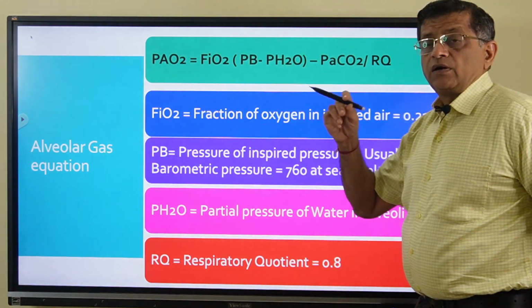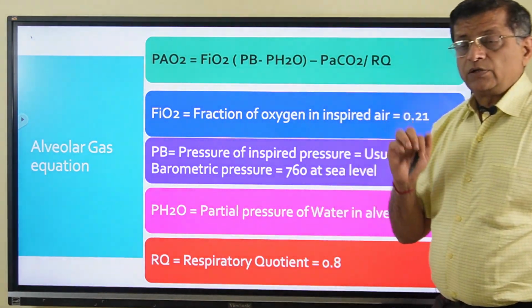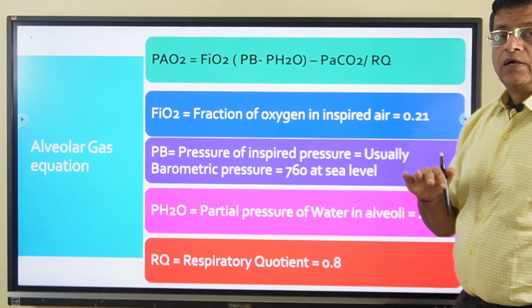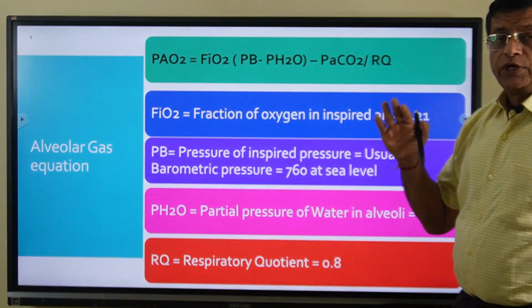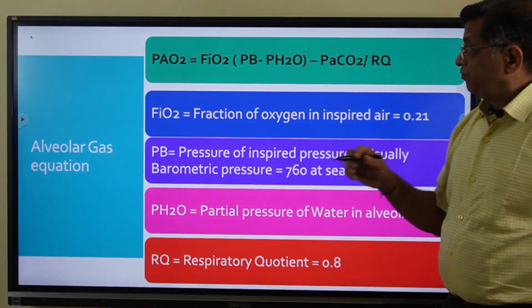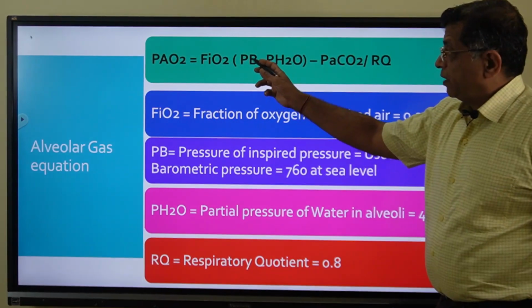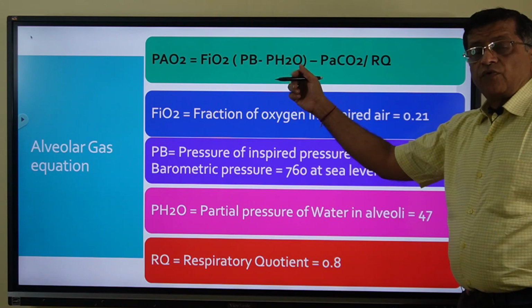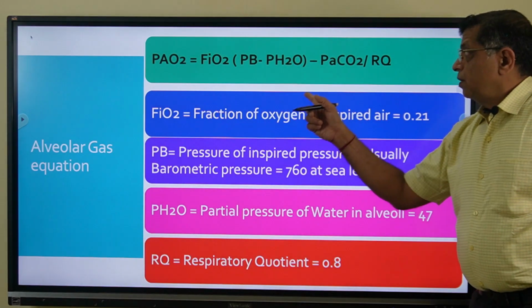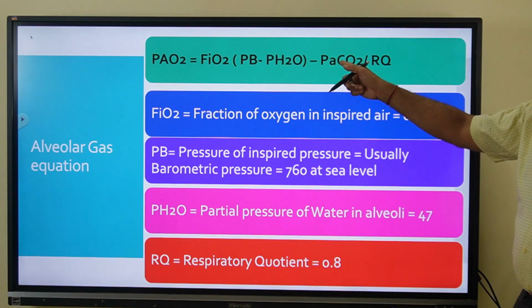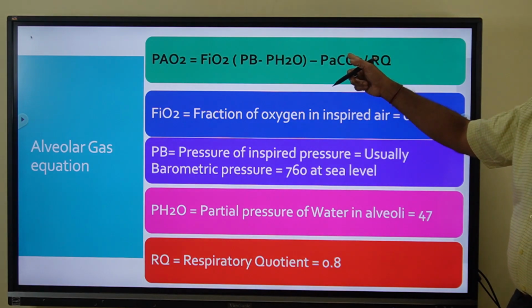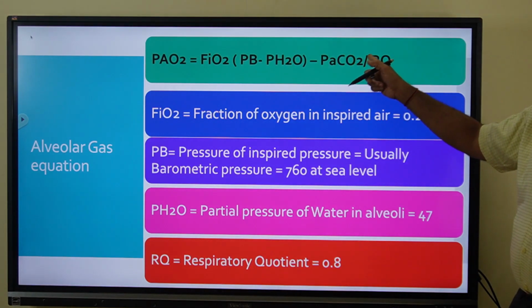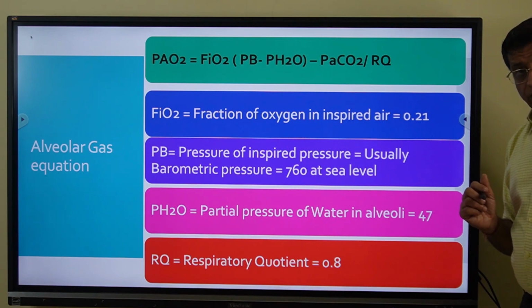For example, in room air, the FiO2 is 0.21 or 21%. Then multiplied by Pb, atmospheric pressure, minus PH2O, pressure of water in the alveolus, minus PaCO2, that is partial pressure of carbon dioxide in arterial blood, divided by respiratory quotient.